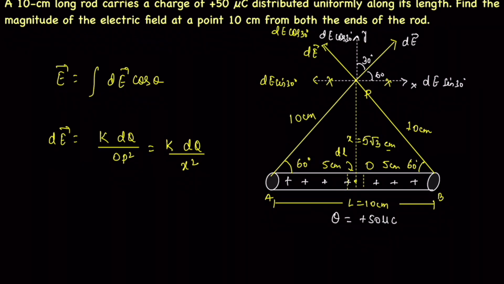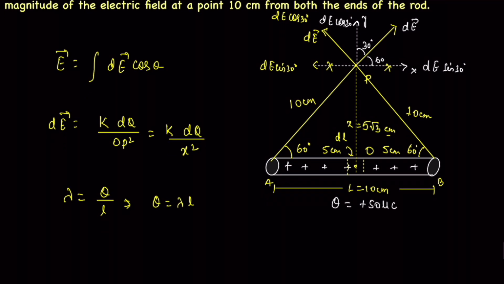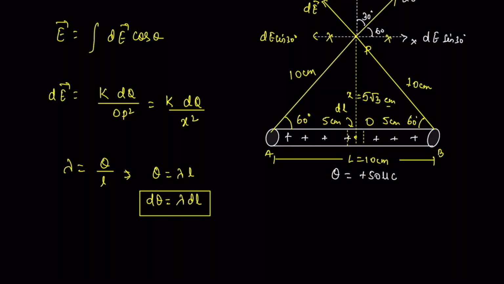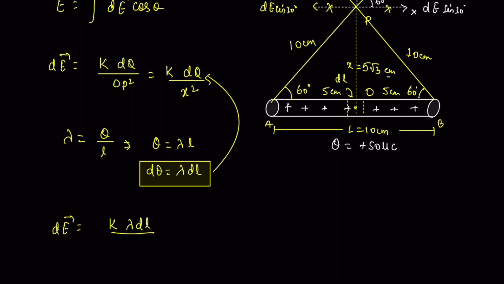So what is the linear charge density? Linear charge density is equal to total charge per unit length. So from here we can say that Q is equal to λ into L and dQ is equal to λ into dL. If we substitute this relation in place of dQ, we can write dE is equal to K λ dL by x square.